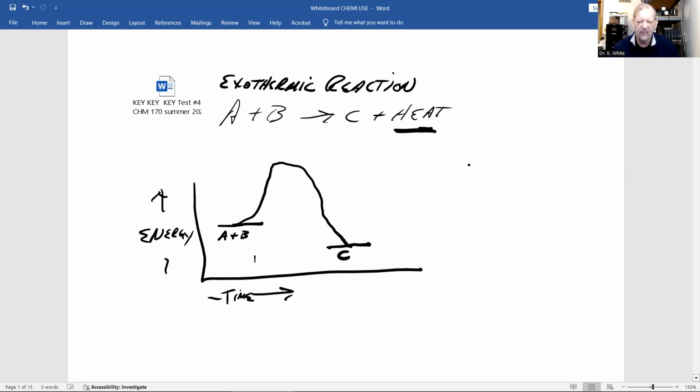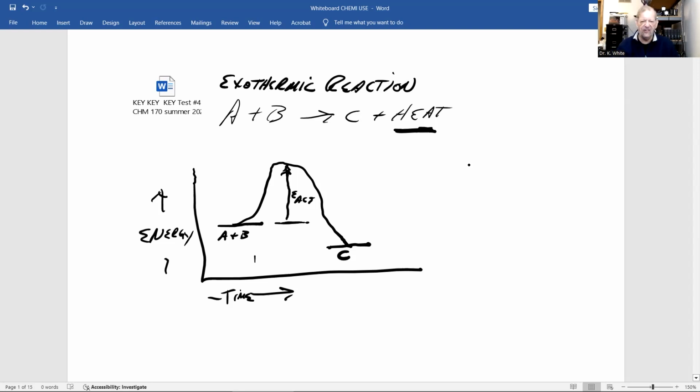And the next thing you should know on this energy diagram is how to show the activation energy. The activation energy, called E sub act, is the amount you have to go from where A and B start to the top of the hill.